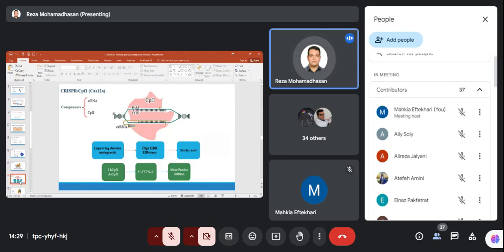And about CRISPR Cpf1 or Cas12a, here we have two main components, crRNA and also Cpf1, or Cas12a, as the enzyme.